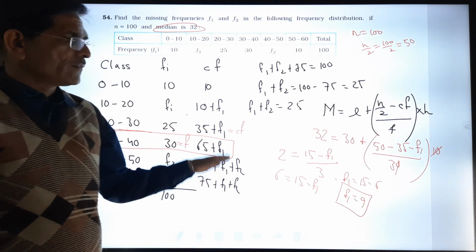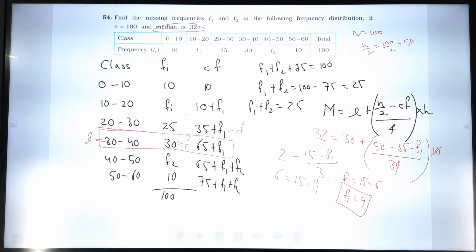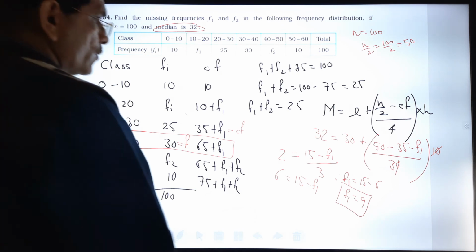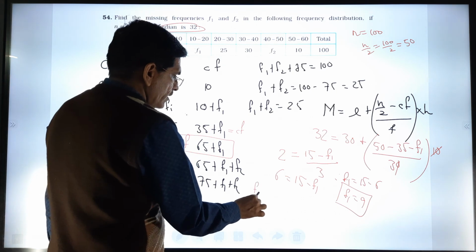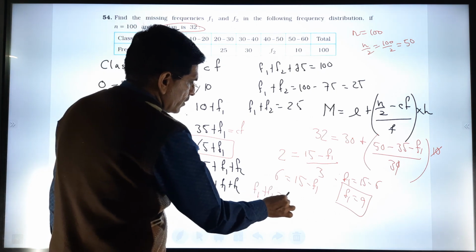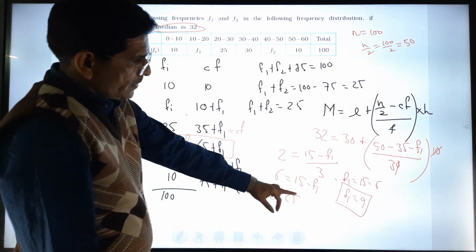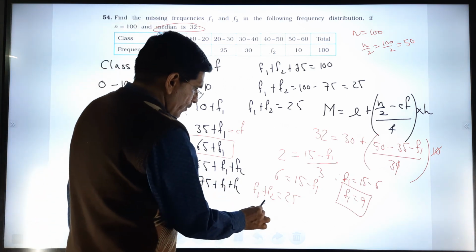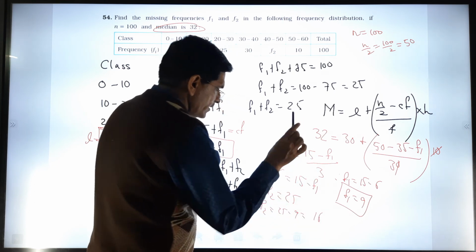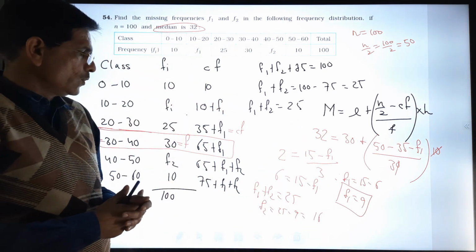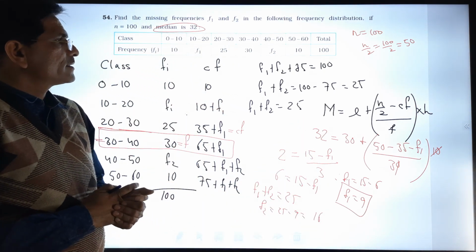Now you can find F2 yourself. So now F1 is equal to 9. The sum F1 plus F2 is equal to 25, and F1 is 9. So F2 is 25 minus 9, that is 16. So F2 is equal to 16.